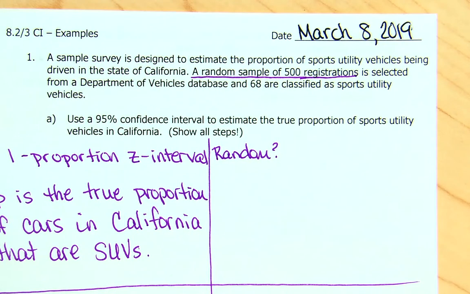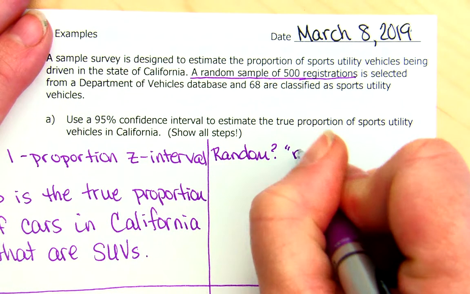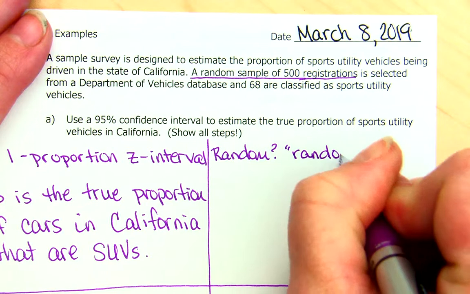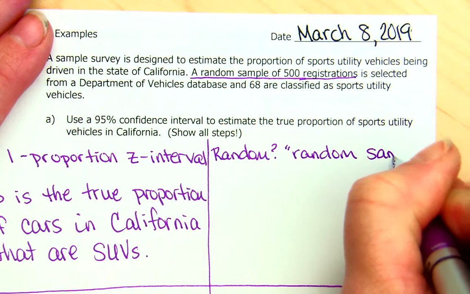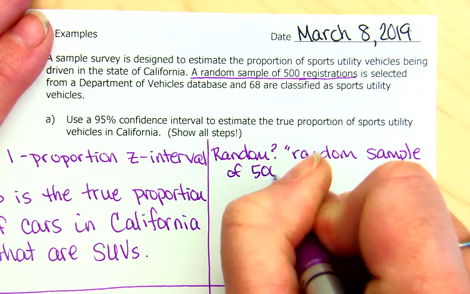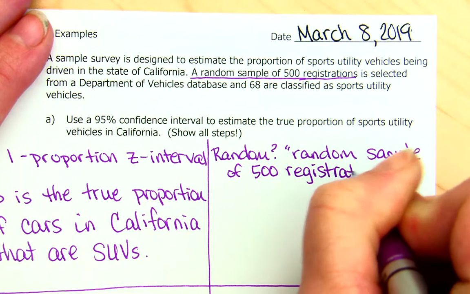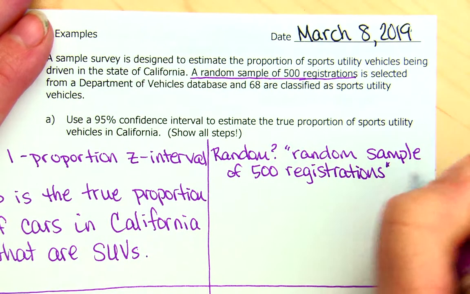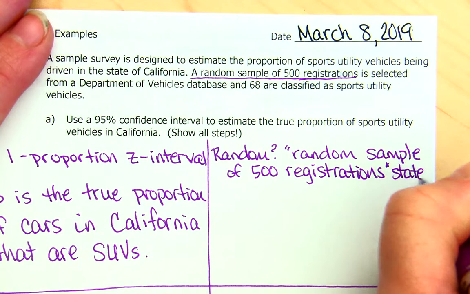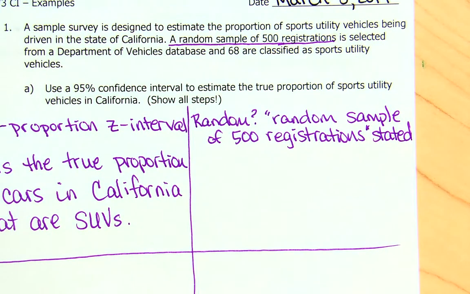So the best way to show that you checked it is to write down that this is what it says. So we have a random sample of 500 registrations. So that shows that we checked it, and this is how we know it's okay.